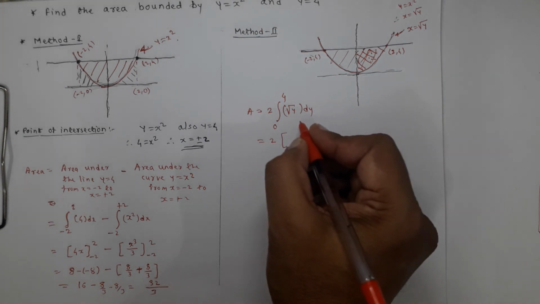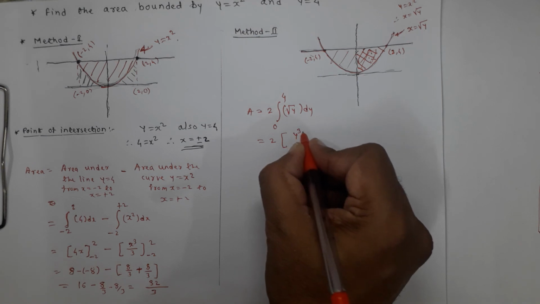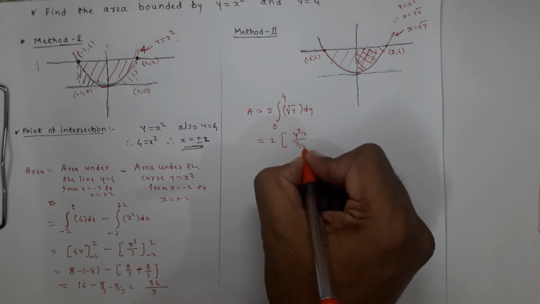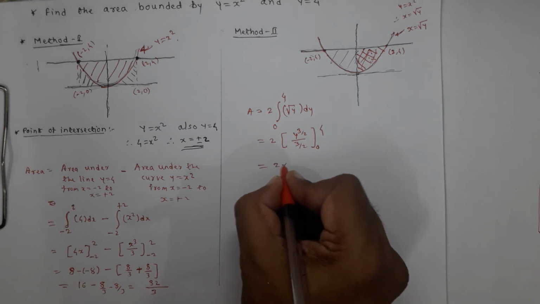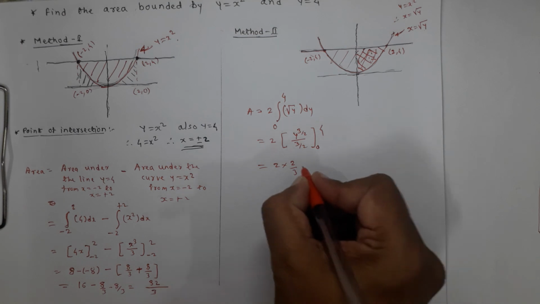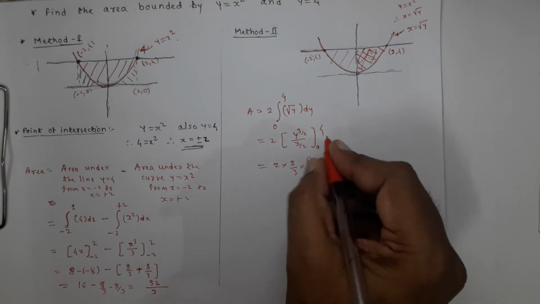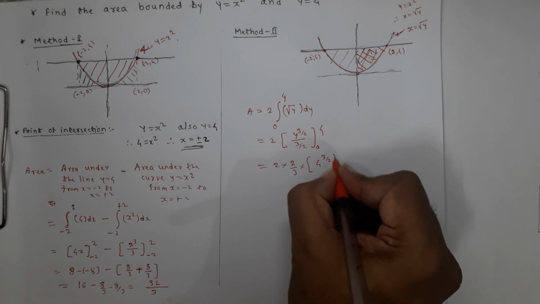So this will be equal to 2 times. Now root of y is y raised to half. So the integration will be y raised to 3 by 2 divided by 3 by 2 in limit 0 to 4. So this is equal to 2 times, I am bringing this out, 2 by 3 into inside the bracket y raised to 3 by 2 means 4 raised to 3 by 2.